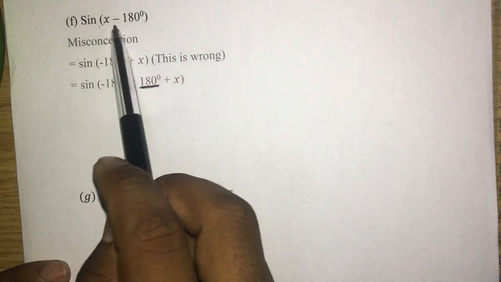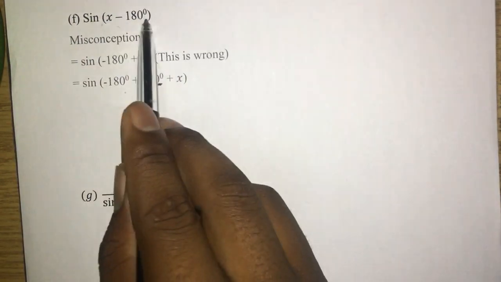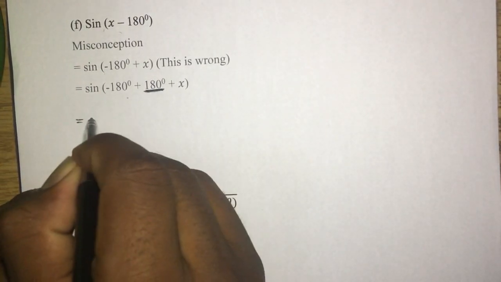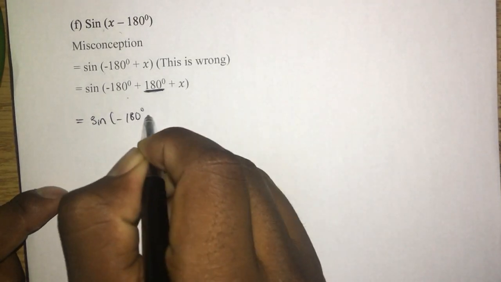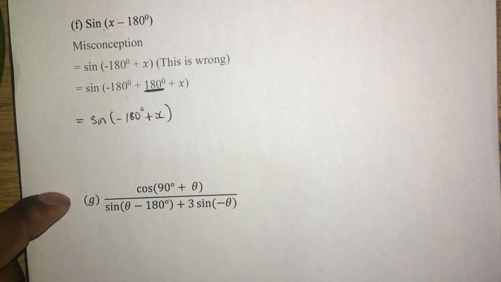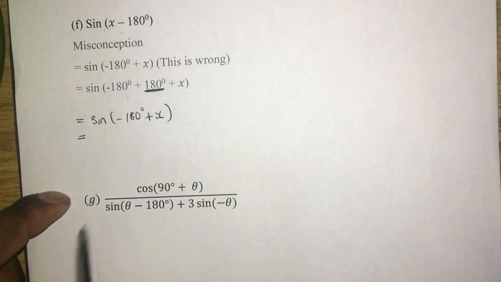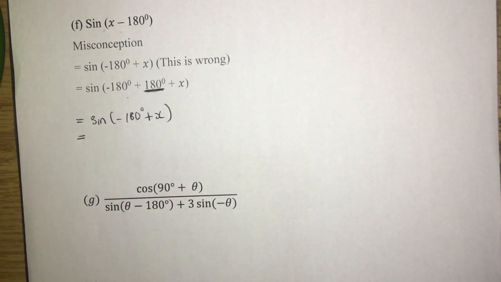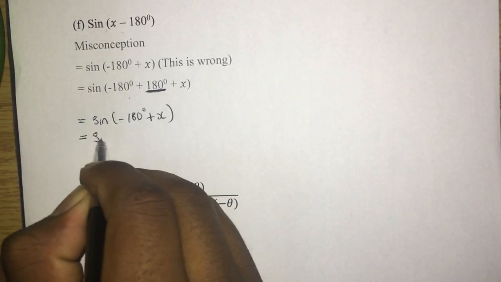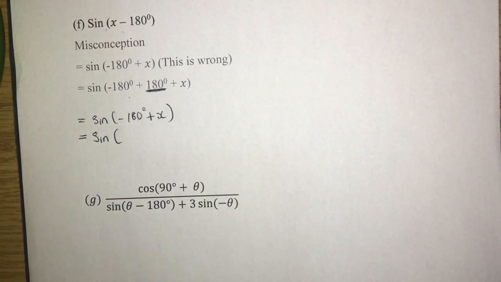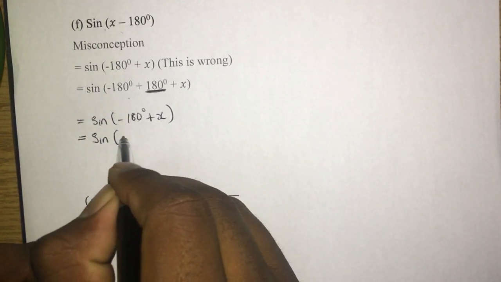So how can we solve that one? I have said that we will arrange that in a manner that we usually know, by saying sine of 180 plus x. So how can I make this angle positive? Because I usually get 180 plus, 180 minus, not negative 180. Remember, if your angle is negative, you must add 360.